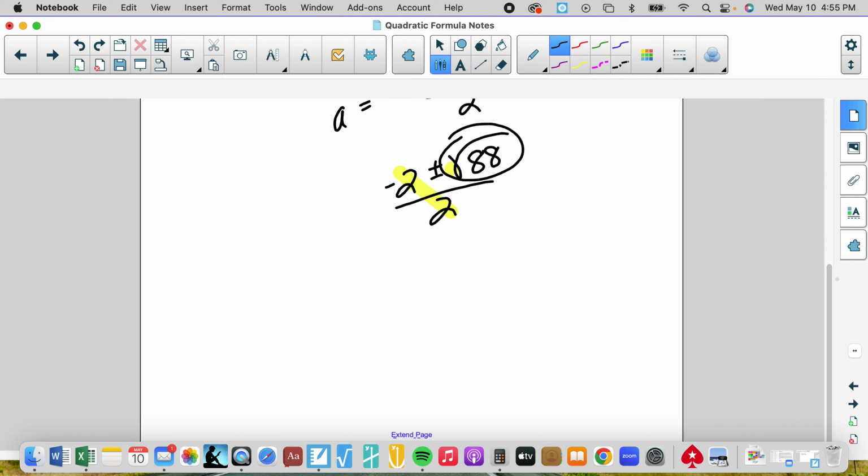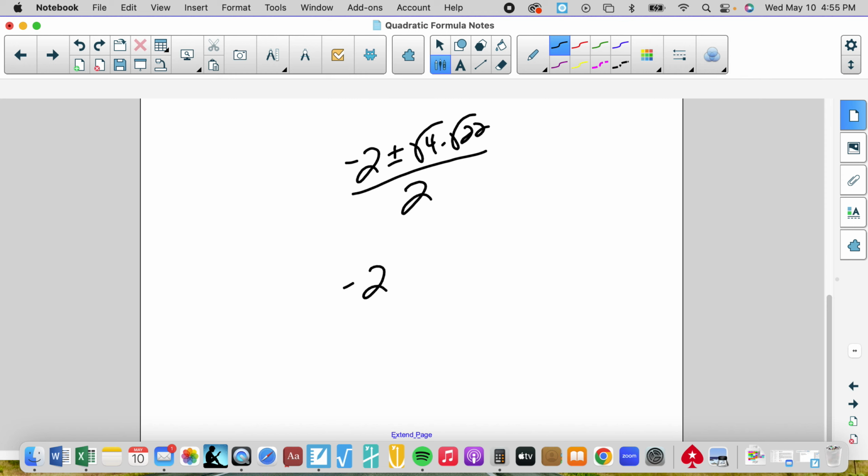Let's simplify this rad 88. So rad 88, I know that that's 4 times 22 over 2. And that becomes negative 2 plus or minus, rad 4 is 2, rad 22 over 2. Rad 22 cannot be simplified. There are no factors that are perfect square. But this time I can cancel all of these.